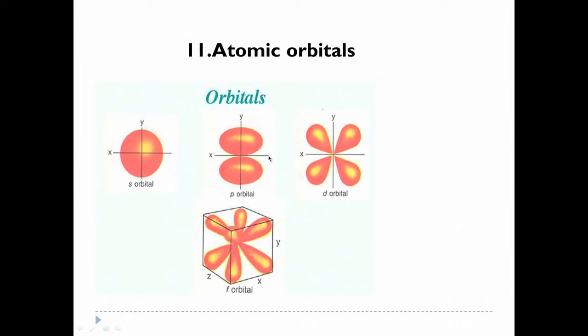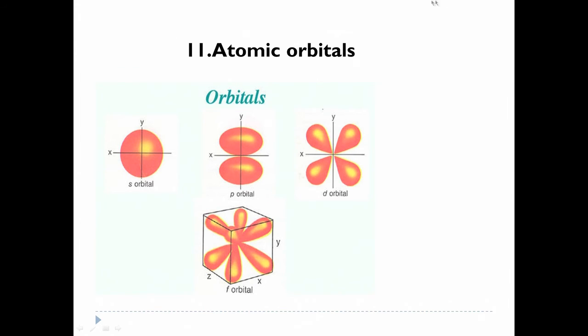The black line in between the two represents the x and y axis, and you can see that p orbitals are dumbbell shaped, placed above and below. Along the axis there is not much electronic density, but electronic density is spread evenly above and below the x axis.